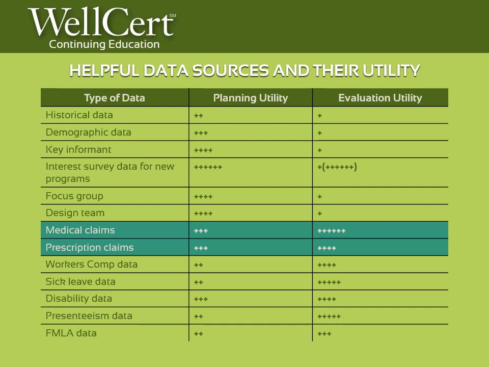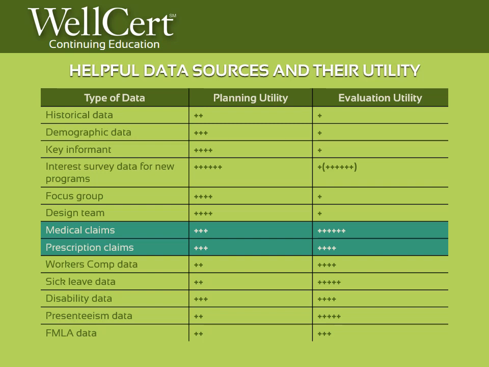One of the types of utility that are not in this, we'll see this later, is targeting utility, which just means does the health claims information allow us to target particular people in the population we're attempting to serve for any kind of specialized interventions. So we'll talk more about that later on.